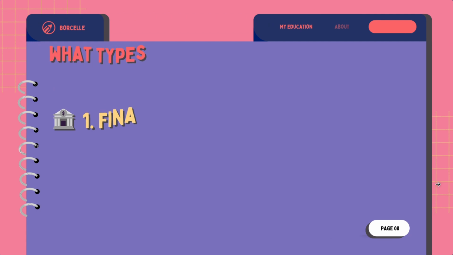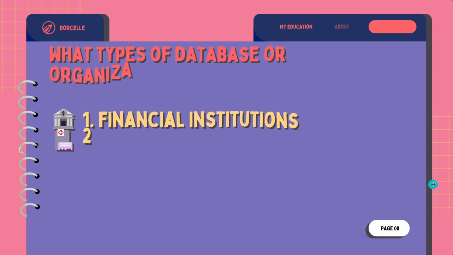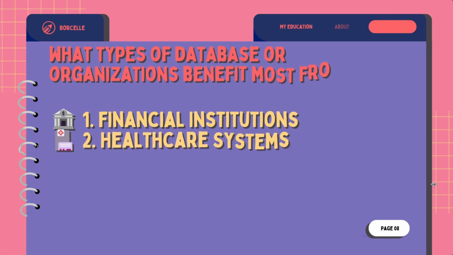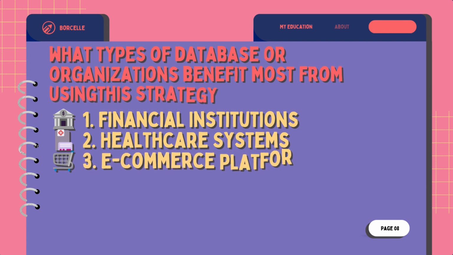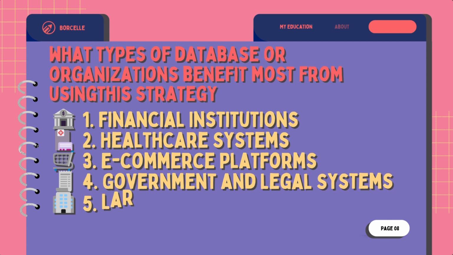What types of databases or organizations benefit most from using log backup and point-in-time recovery? First is the financial institutions. Banks, stock exchanges, and payment processors need to track every transaction precisely and recover quickly from failures. Number 2, healthcare systems.